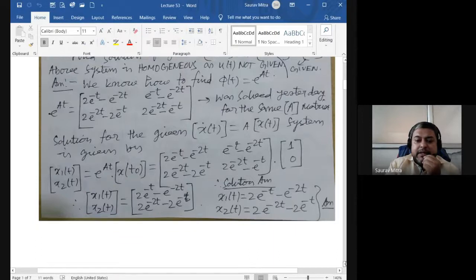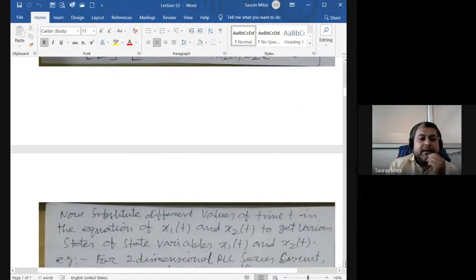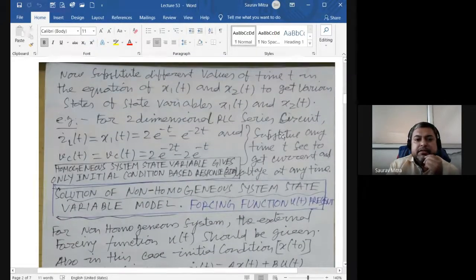Second case, what we are saying is, now substitute different values of time t in the equation. So I'm explaining the same thing to get the various states of the state variables x1(t), x2(t). So for a two-dimensional RLC circuit, IL(t) is x1(t) equal to 2e raised to minus t, and VC(t) is this. So I have just put some analogy.